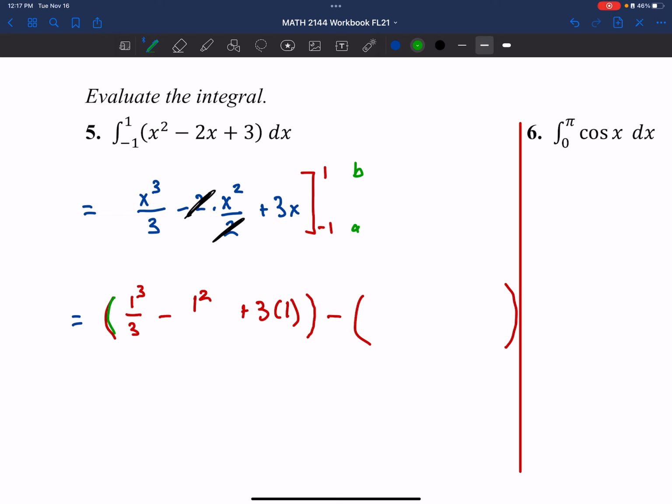So what I have right here is f of b. Then we're going to subtract f of a. So f of a is going to use the lower endpoint. So this is going to be minus 1 cubed divided by 3 minus the quantity minus 1 squared plus 3 times minus 1.